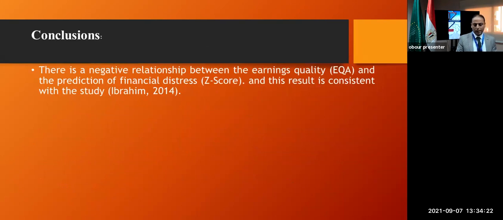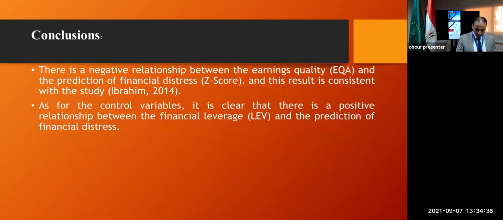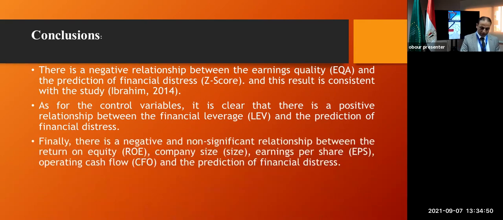Conclusion. There is a negative relationship between the earning quality and the prediction of financial distress, and the result is consistent with the study of Ibrahim. As for the control variables, it's clear that there is a positive relationship between the financial leverage and the prediction of financial distress.